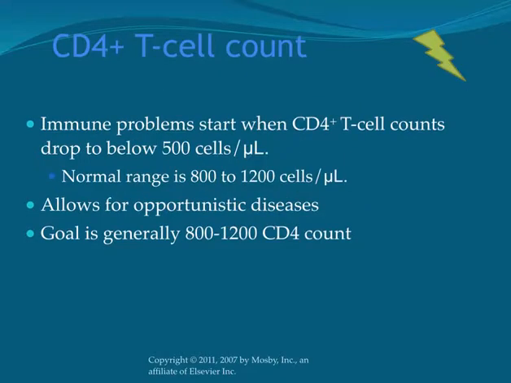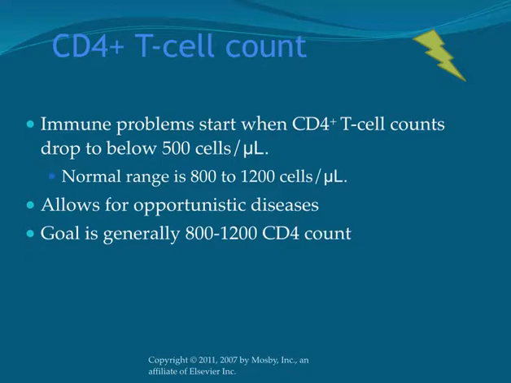The other laboratory value is the CD4 T cell count. Immune system problems begin once you get to that 500 level or below. Normal range is 8 to 12. Once you get to 500 or below, it allows for opportunistic diseases to take hold.